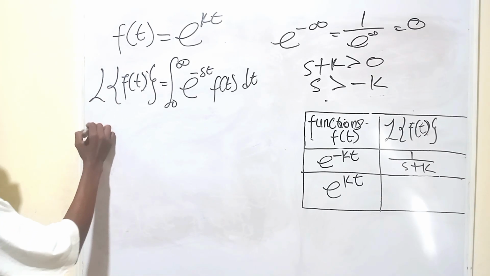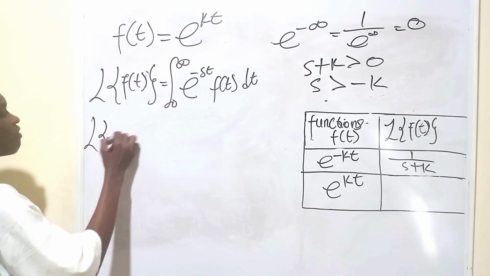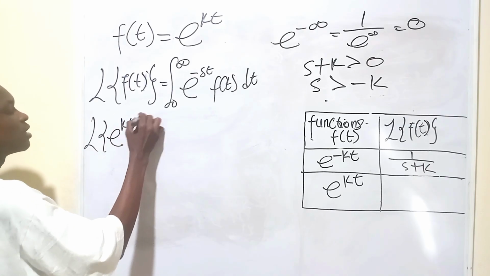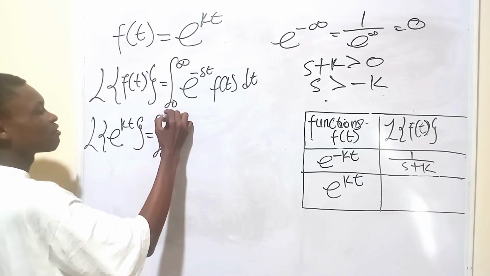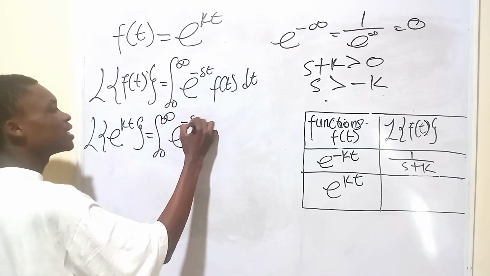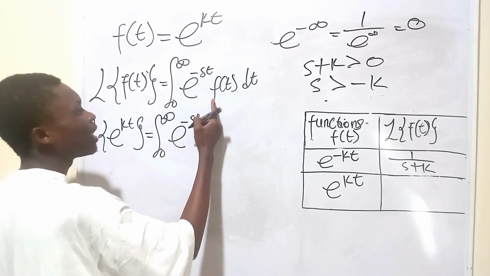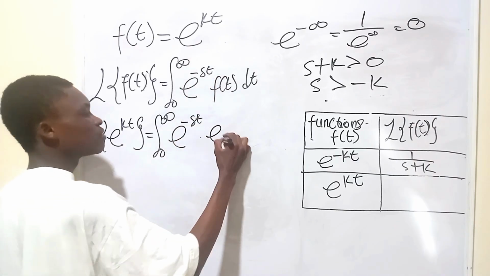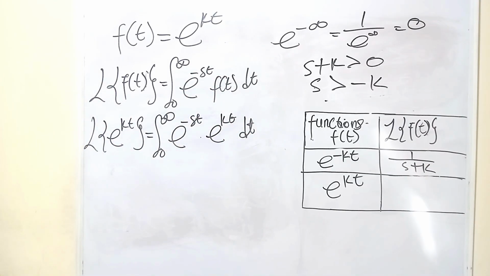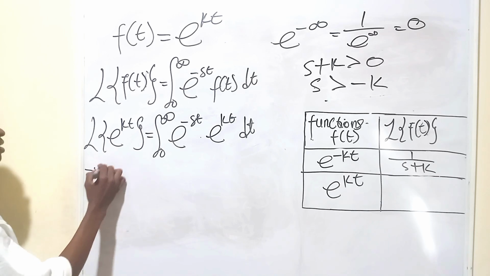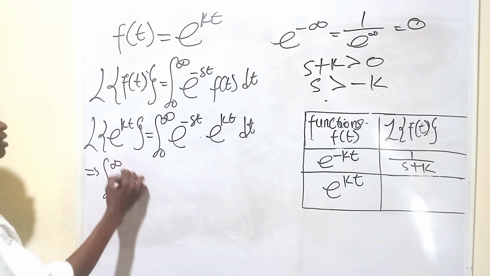So from here, we say that this is the Laplace transform of exponential kt, because we have f of t there, which is the integral from 0 to infinity exponential negative st multiplied by f of t, which is exponential kt, then dt. So what do we do from here? We have that this is the integral from 0 to infinity.